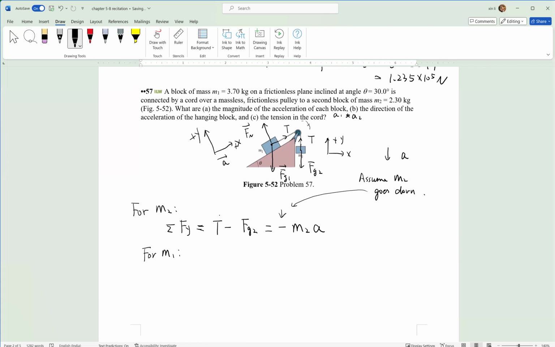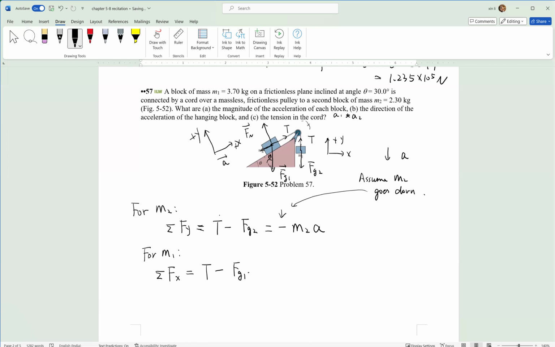And then for M1, what do you have? For M2 in the x direction, no motion, so we don't have to worry about the x. For M1, we have net force along x direction. We have two forces. It's T, so this tension is along x direction and tension is positive. And we also have the x component of our Fg, but it's negative. So minus Fg1 times sine theta. Here this angle is also theta, and this is the x component of Fg1.